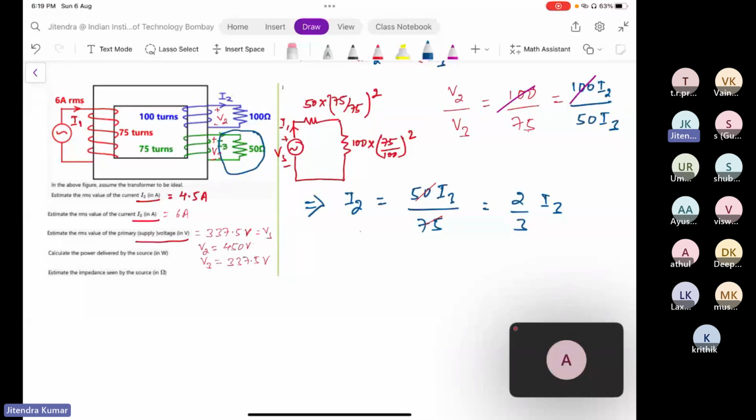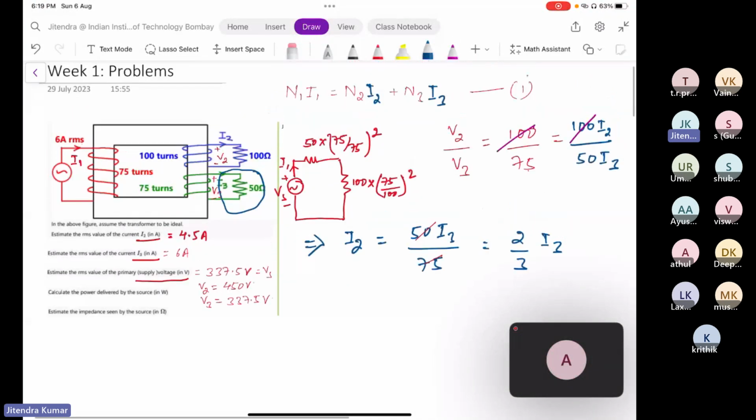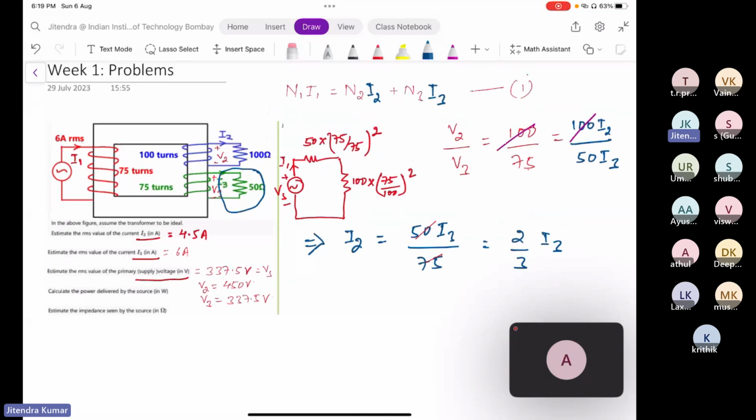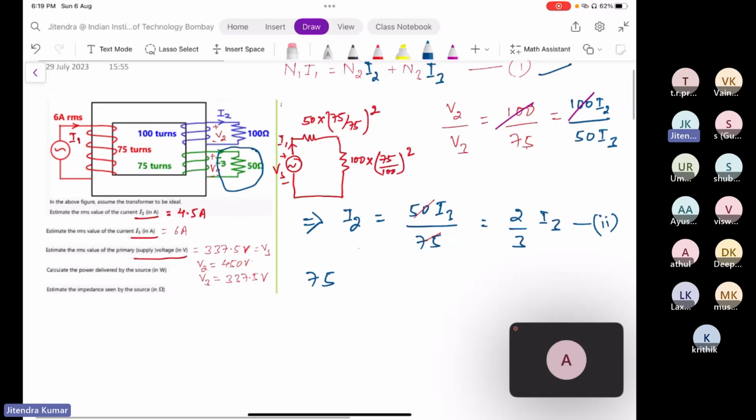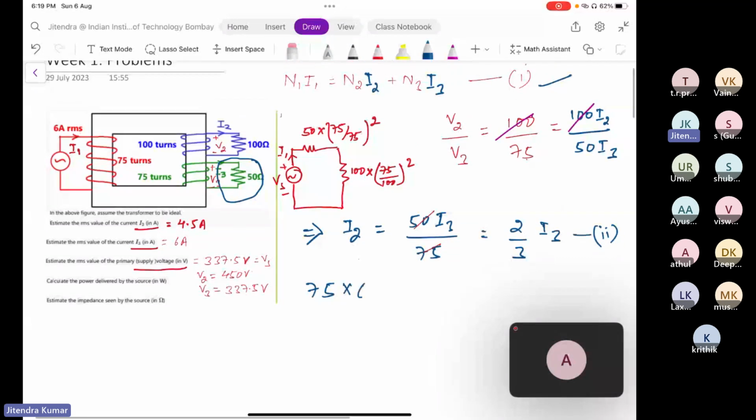Now we will try to plug into equation 1. So this we can consider as equation 2, and this was equation 1. Now N1 is 75. I1 is given 6, right?